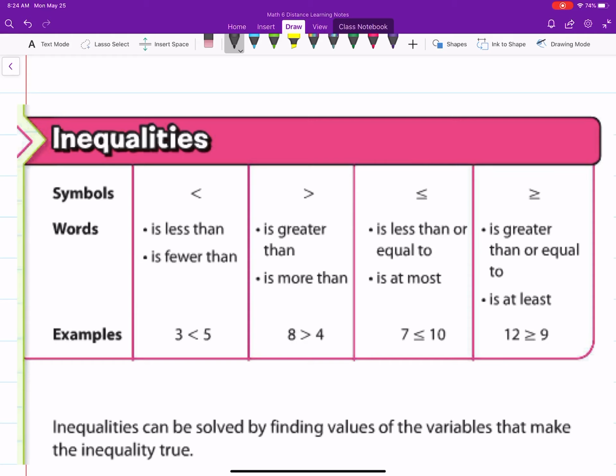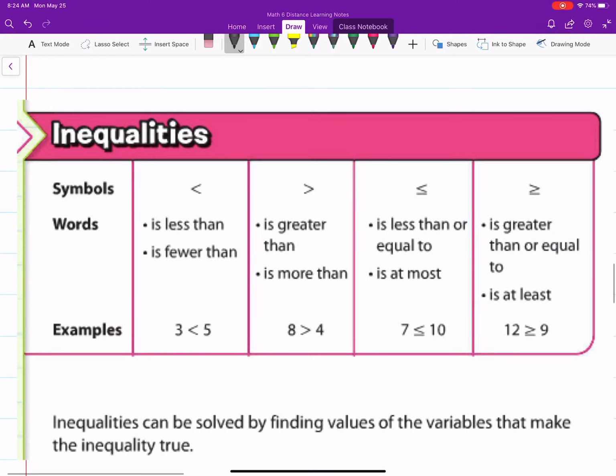It also could be fewer than, or think of some other ways, below, some other words, below, under, right? Those are some other words that mean less than. Greater than, more than, above, over, right? And you can probably think of more words, and make sure you're adding those words to your comp book as you think of them.